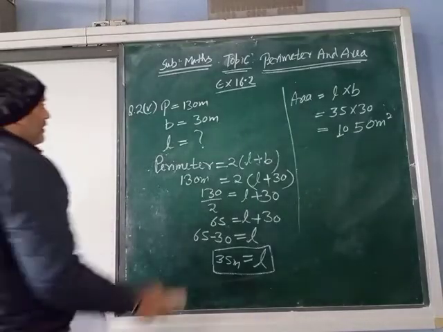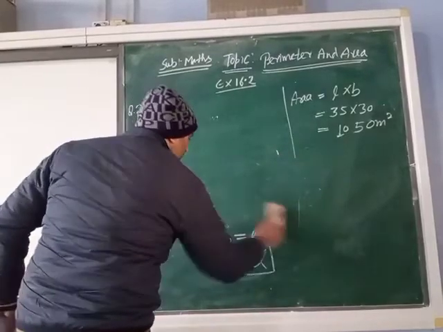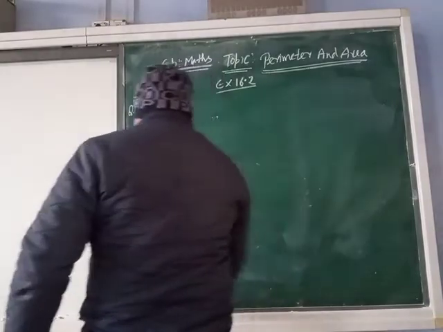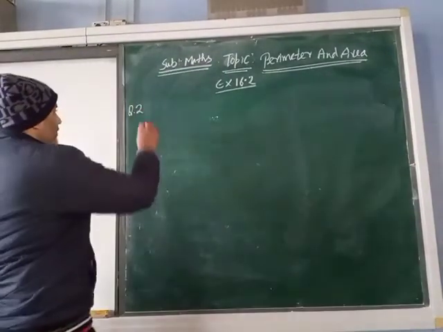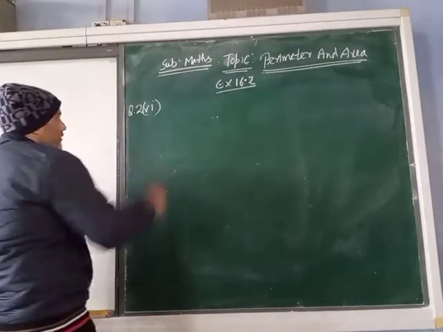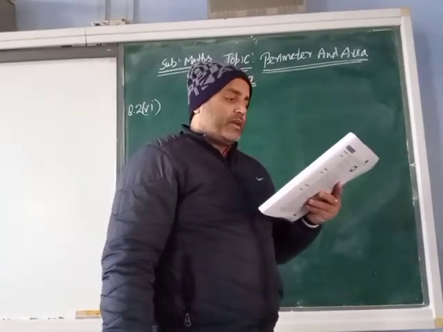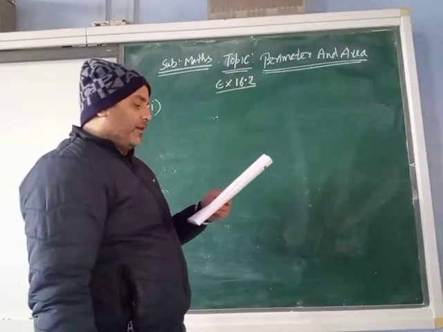Okay, now see this question, question number 6. If the area of a rectangle is 1 meter square and its breadth is 80 centimeters, we have to find the length of that rectangle.